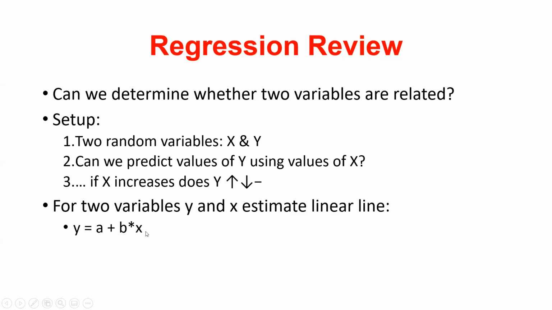As x goes up, y will change by whatever this value b is. If x goes up by 1 unit, then the new y value is b amount higher. This value b tells us the slope between x and y: a 1 unit increase in x would cause y to change by b.